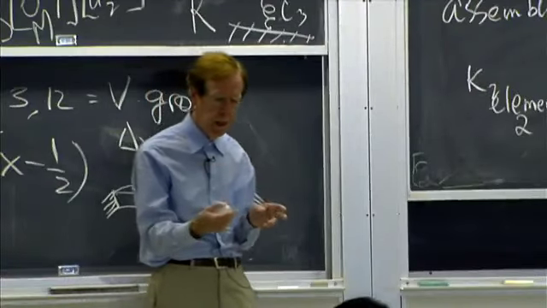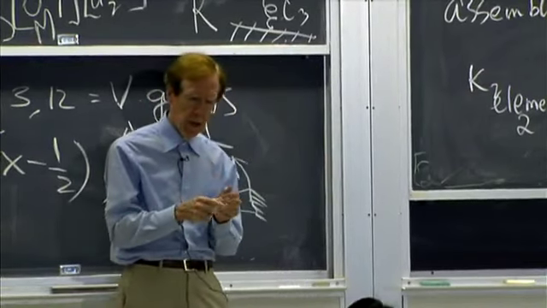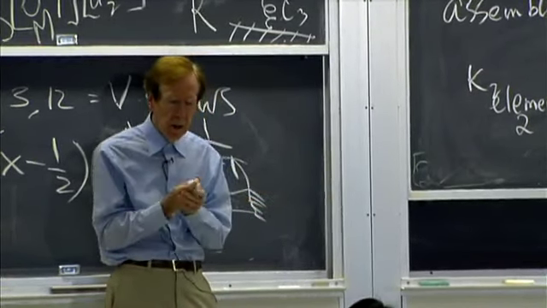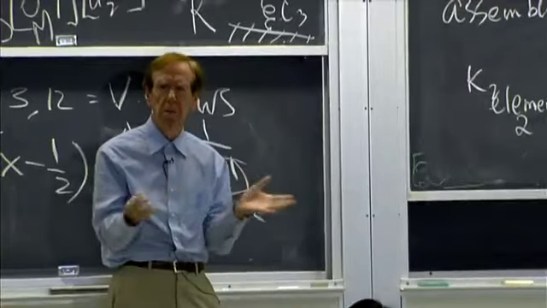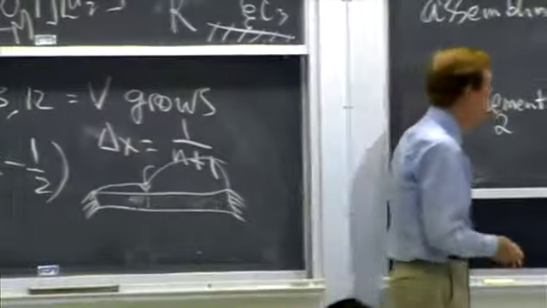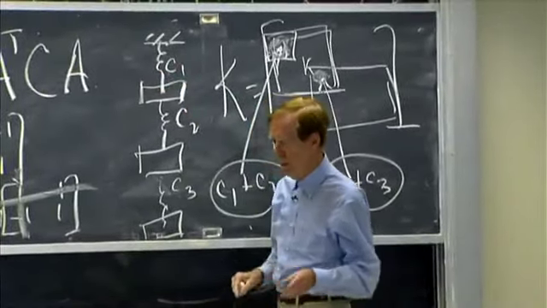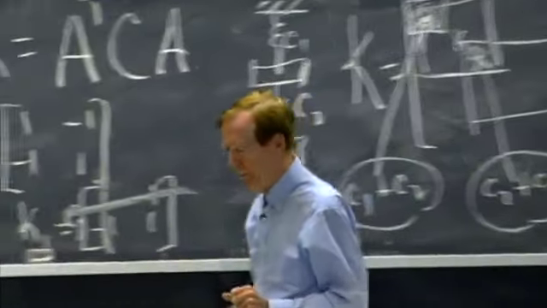So what gets created in finite elements is, in our language, a free matrix. It's a matrix where even this spring has a 2 by 2 piece.